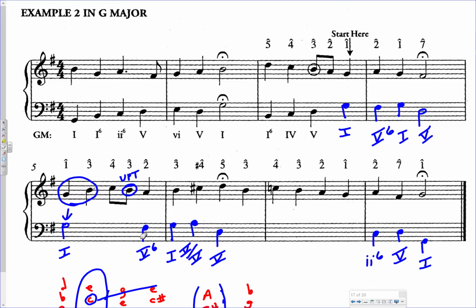Why did I do that? Because if you think about it, it's T to Do, which we already completed when we did the cadence points. And I also harmonized the C right here in the soprano, and I called this a 4-6 of 6.